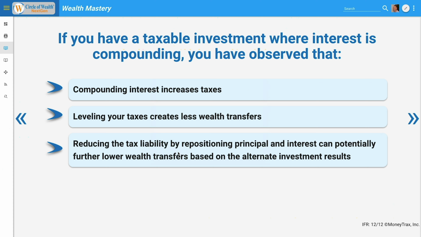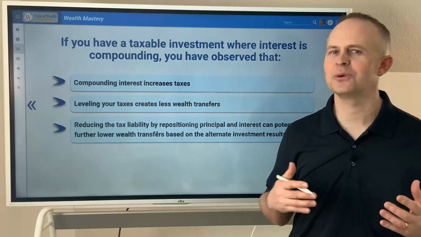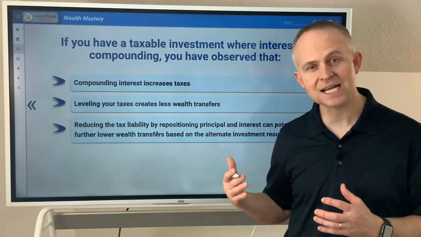Leveling your taxes creates less wealth transfers, less holes in your bucket. Reducing the tax liability by repositioning principal and interest can potentially further lower wealth transfers based on the alternate investment results. But once again, please consult with a tax professional about specific tax advice.